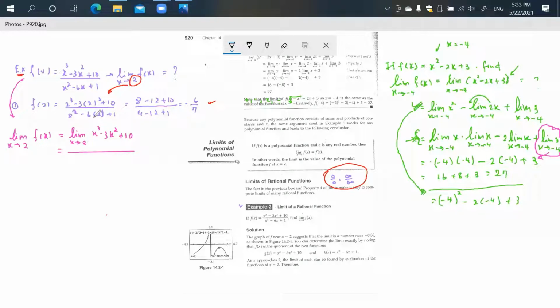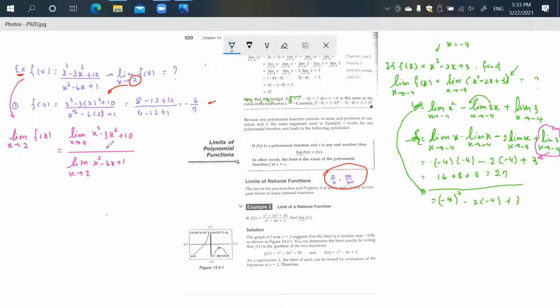This one should have an equal sign here. Plus 1 when x approaches 2.